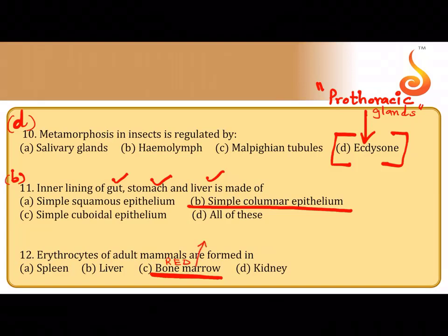In the red bone marrow there is a process that is called erythropoiesis, formation of red blood cells. This erythropoiesis is a process which brings about the formation of red blood cells. Okay, so this is the answer being third option, that is the red bone marrow.